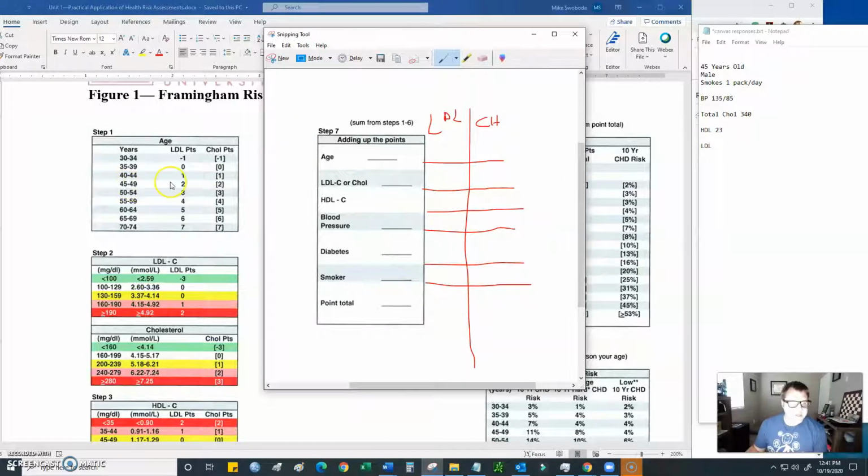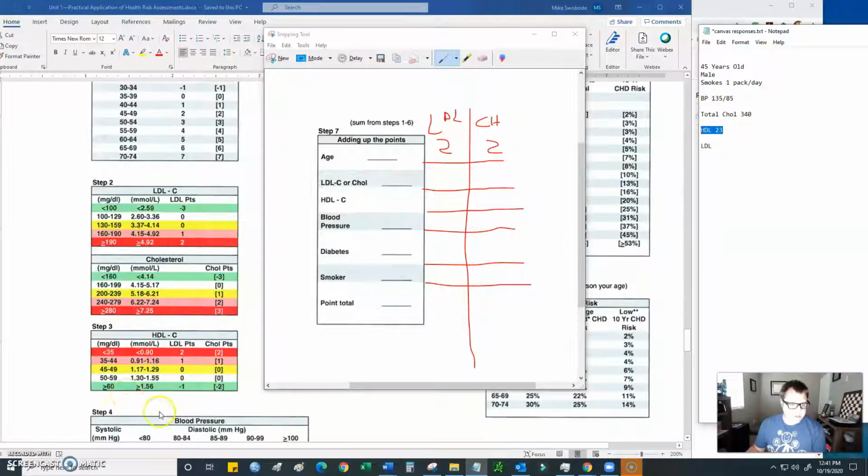Alright, so for age at 45, the LDL points he gets are 2. The total cholesterol points he gets are also 2. I'm going to skip LDL right now. HDL, we said he has 23. So for his HDL cholesterol at 23, since that is less than 35, he gets 2 points. For his total cholesterol, he was at 340.